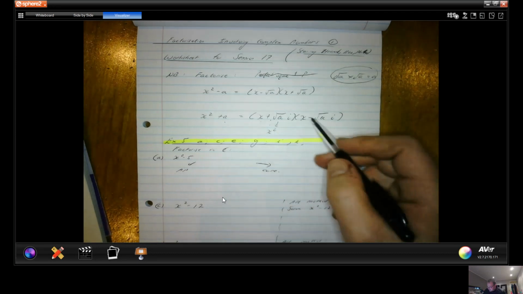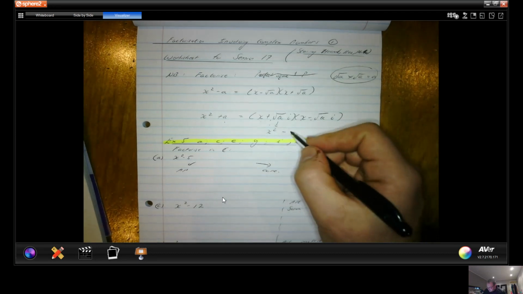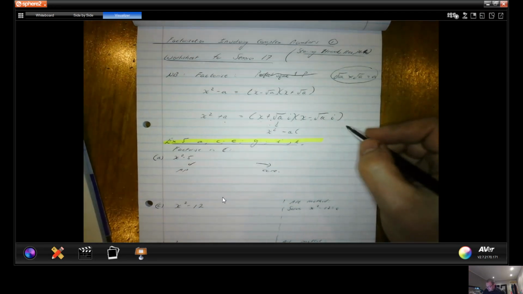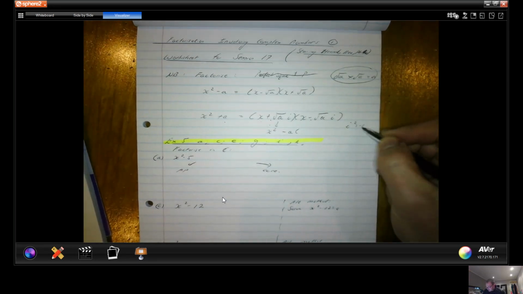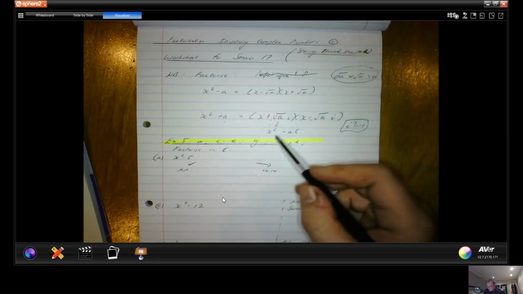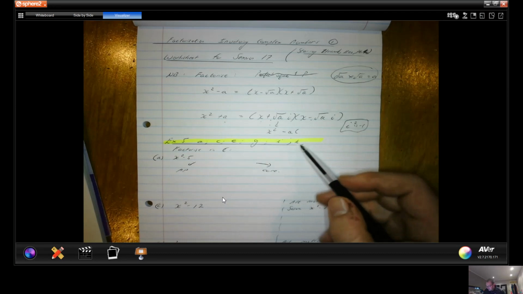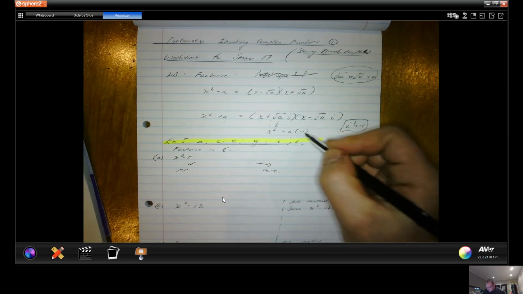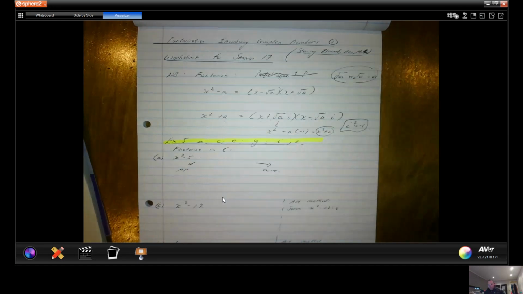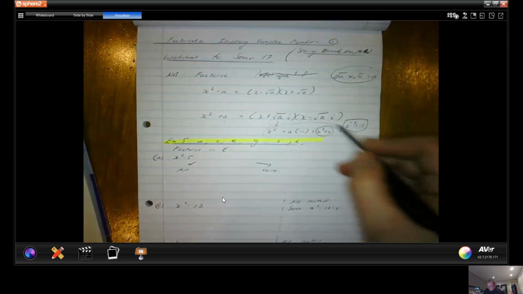So positive root a times negative root a would be negative a. And then i times i is i squared, and we know that i squared is equal to negative 1. Remember that? So you're going to get x squared minus a times minus 1, which gives you x squared plus a. Okay, so it's working.